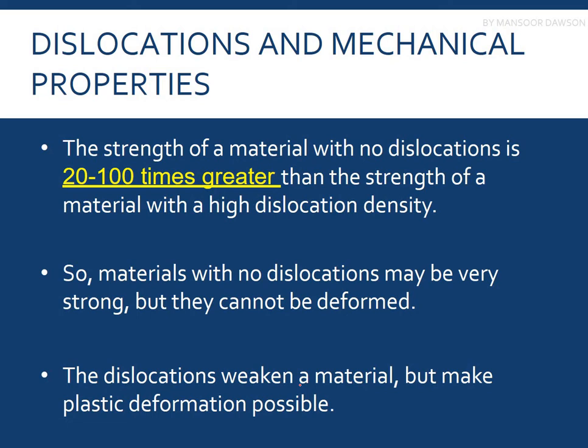So we know that while the dislocation moves around a specific slip plane in a slip system, the material's strength is being compromised. But on the other hand, we can conduct plastic deformation. We can cold work our material. We can change the shape of the material if we want. For example, if we have a metallic sheet and we have to bend it, we'll be hammering it in a certain direction in order to bend it.